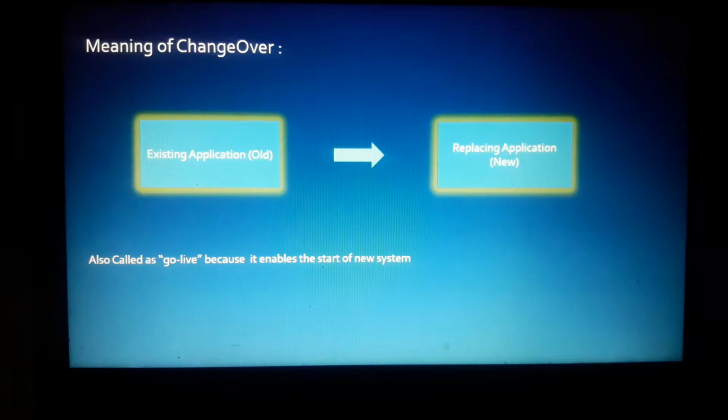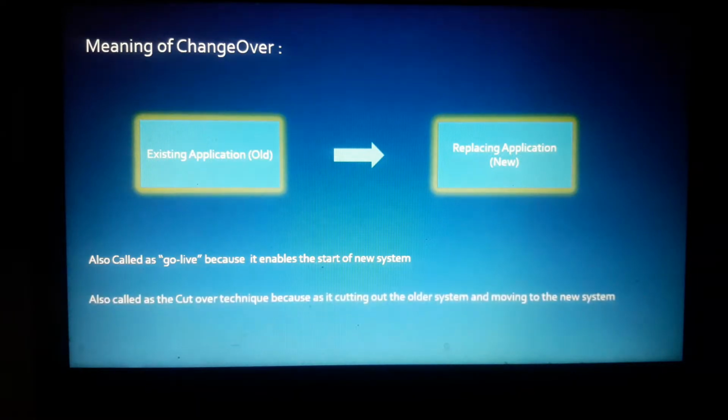The other name given for the changeover is cutover technique. Why? Because we are cutting out the older one and moving to the newer one. So, the two names given for this are the go live technique as well as the cutover technique, that is, the changeover technique.